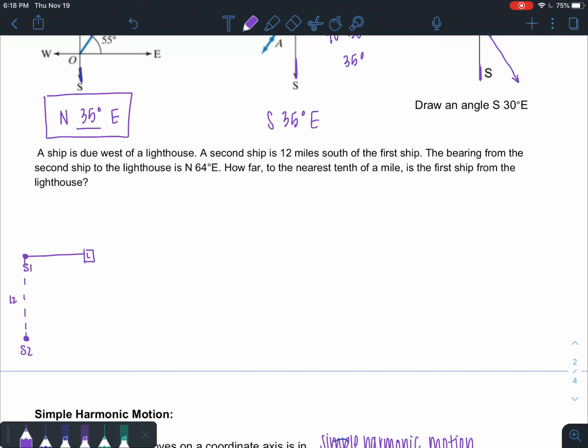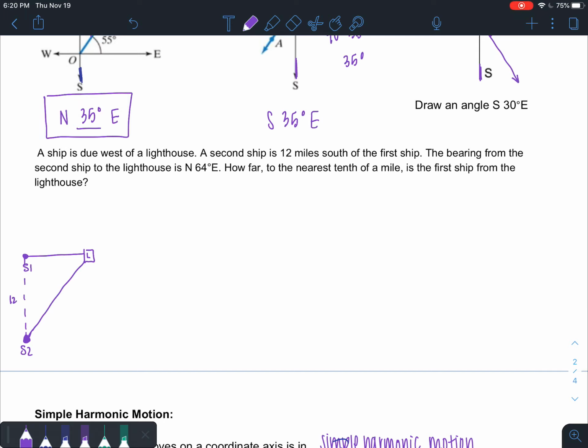The bearing from the second ship to the lighthouse, so from here to here, is north 64 degrees east. So from here, this is like our origin, to the lighthouse is north 64 degrees east.